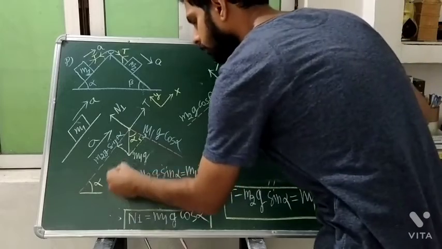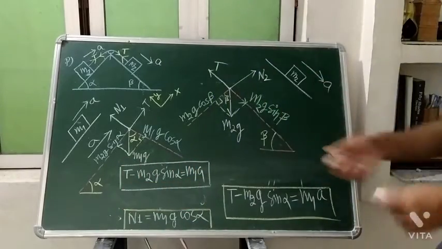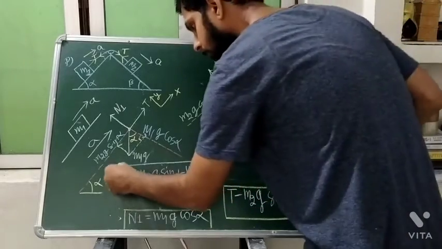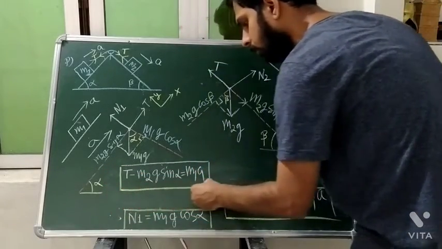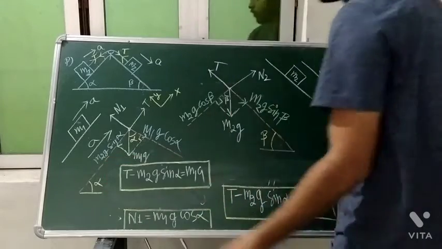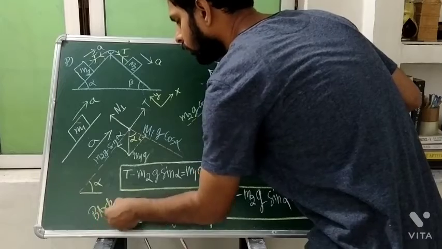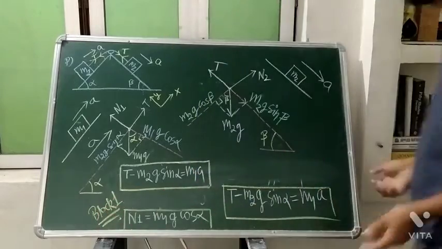Is it? And this should be our normal. This is the normal. It is that block we are talking about first.